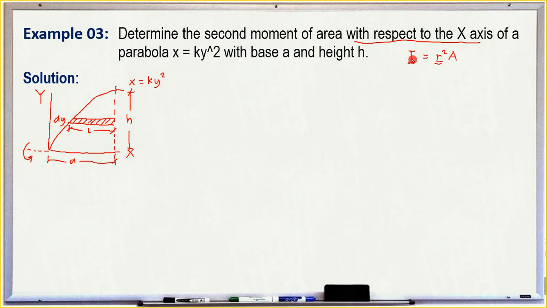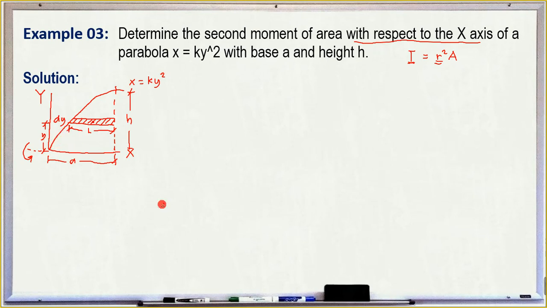From the formula of moment of inertia, I equals r squared times a, the r stands for the distance of the object from its centroid. The center of this rectangular strip is at this distance toward the axis, so we're going to label that as y. I hope you are taking down notes. These parameters or variables are already enough so that we can start the integration.